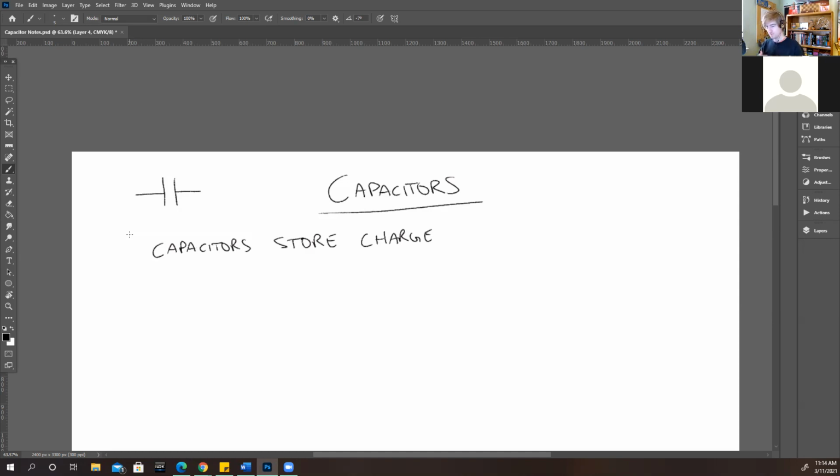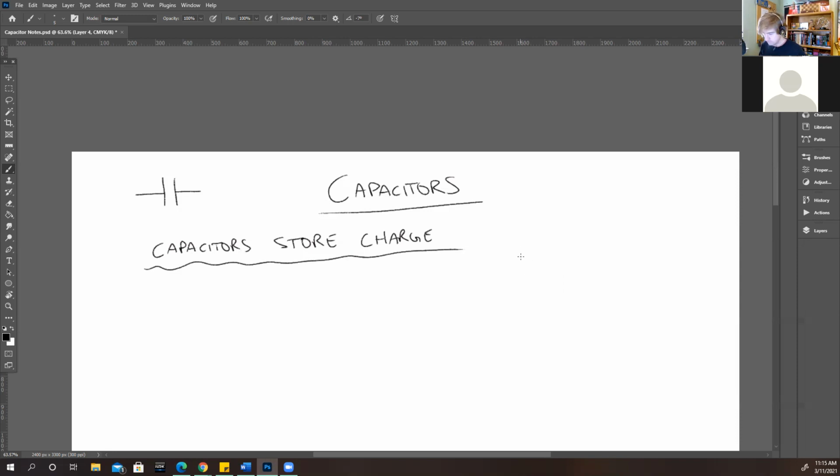As soon as it's full, it will discharge, and your windshield wiper blades will be activated and go. There are different sizes of capacitors, and that's why you could choose different speeds for your windshield wipers. It's a bit more technical than that, but that's the very basic essence of it. So capacitors store charge. They're charge sponges.